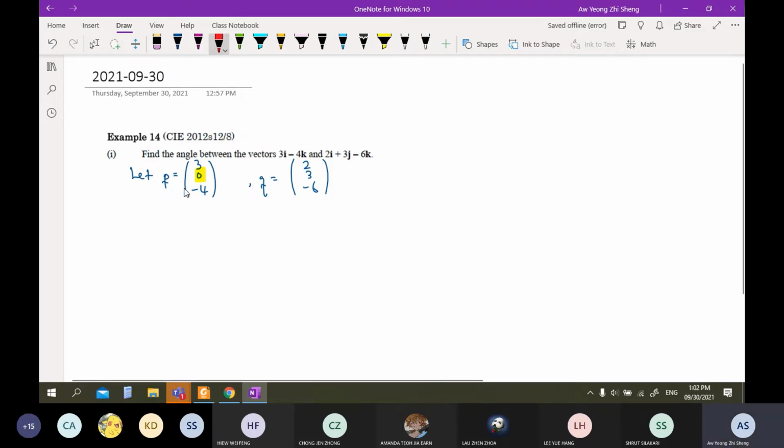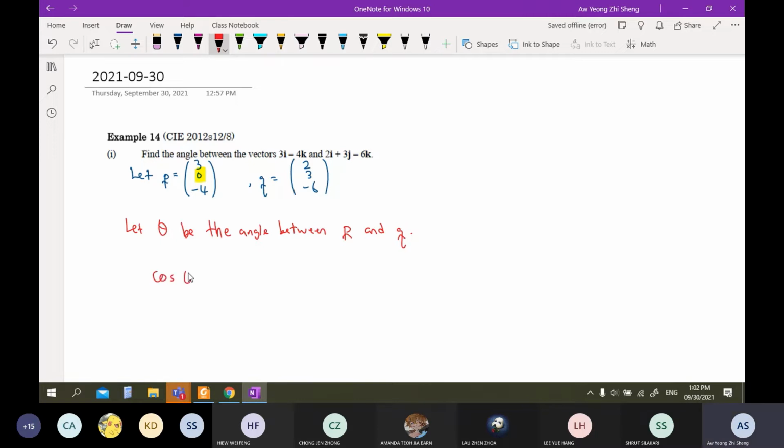I'm about to introduce the symbol theta as the angle between these two vectors, because this angle doesn't have a name. So let's introduce a name for it. Let theta be the angle between P and Q.